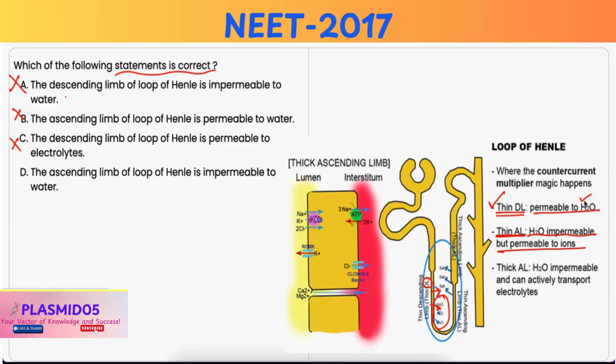Option D, the ascending limb of loop of Henle is impermeable to water. Now, this is true because this characteristic is crucial for creating and maintaining the concentration gradient in the medullary interstitium, which is essential for urine concentration. Hence, it is the correct option.